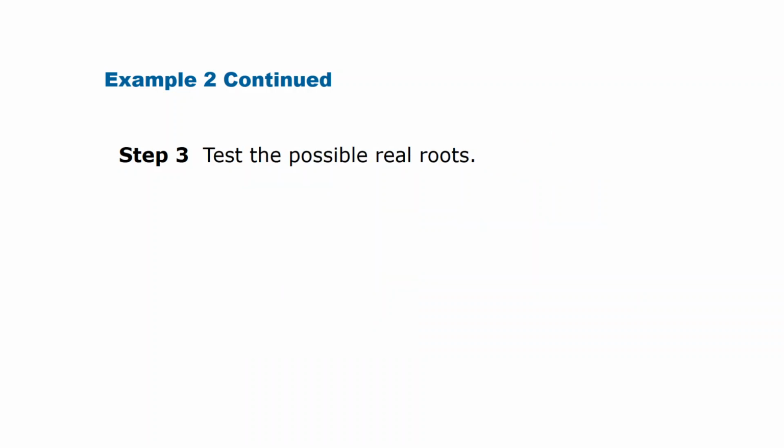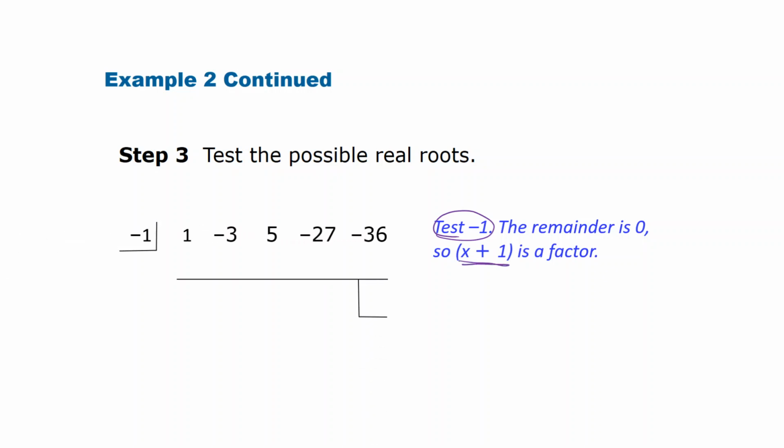So we're going to test for the possible real roots first, because that's where it actually crossed the x-axis. So let's test for x equals negative 1. So that would be x plus 1 as a factor. So let's set up our synthetic division. And remember, the very first thing we do in synthetic division is bring our 1 straight down.